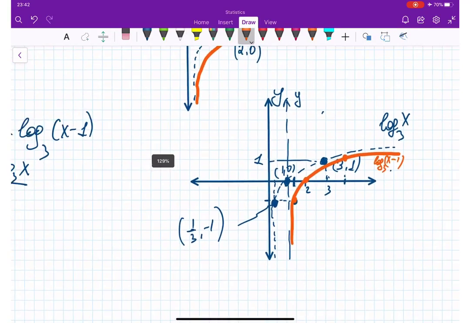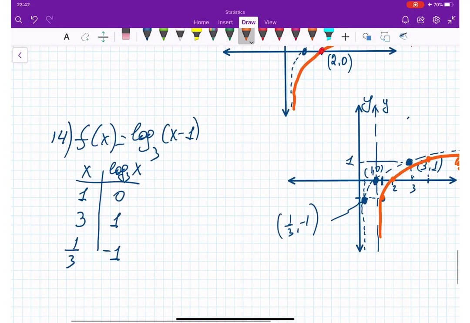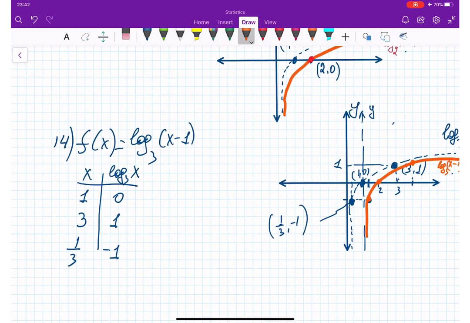So the bottom line is, once you have all these points, 1, 3 and 1/3, so for x minus 1, let me show you, it's not difficult. Logarithm x minus 1 by base 3.